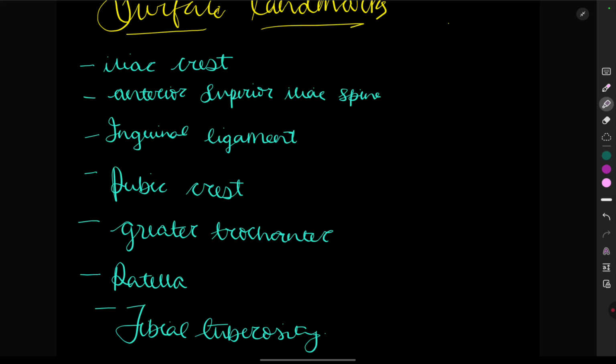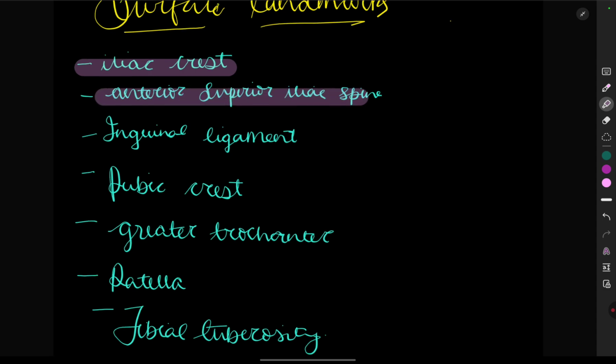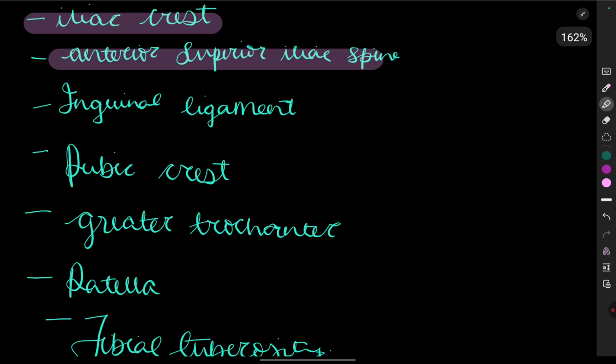The iliac crest is one of them, and the anterior superior iliac spine. There are two spines, the anterior superior iliac spine and the anterior inferior iliac spine, but here it is the anterior superior iliac spine.